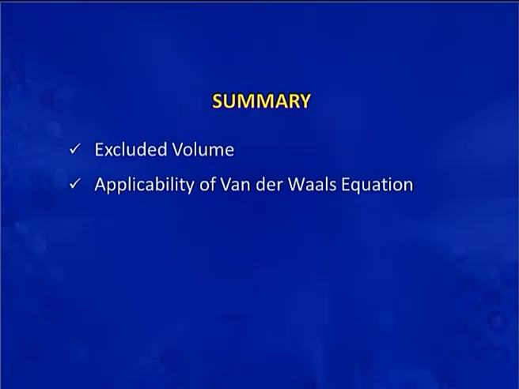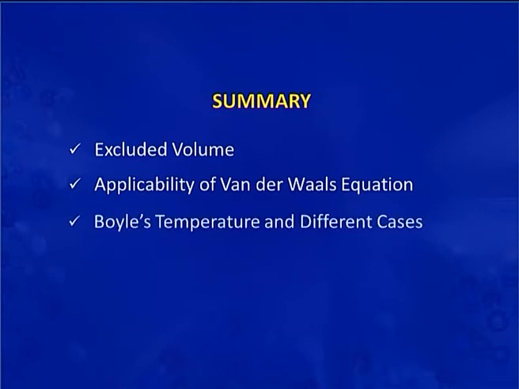We discussed 3 cases here, and after that a specific temperature where real gases show ideal character, that is Boyle's temperature, TB is equal to a by Rb, and then we discussed different cases and we can derive critical constants and inversion temperature also.